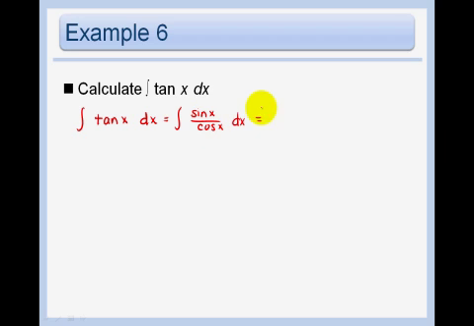See, we could rewrite this as sine x times cosine of x to the negative 1. Make sure you write cosine of x to the negative 1. Remember, this is not the same thing as arc cosine, so just remember they're not equal.